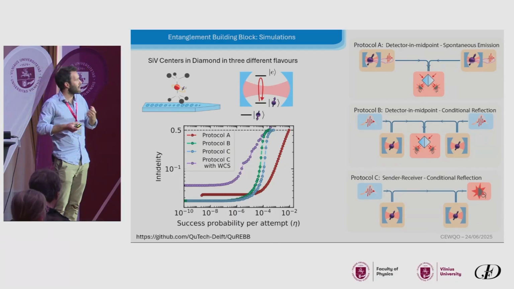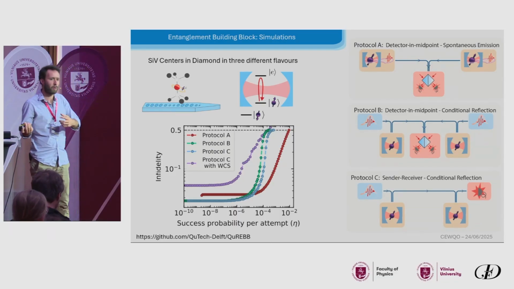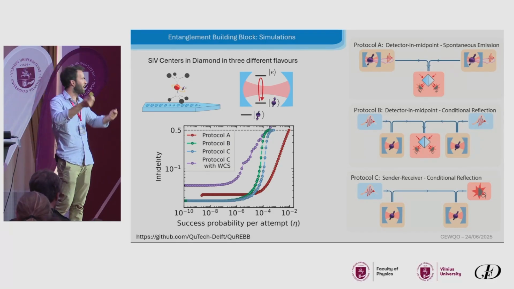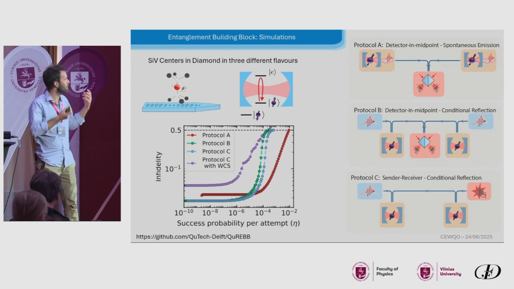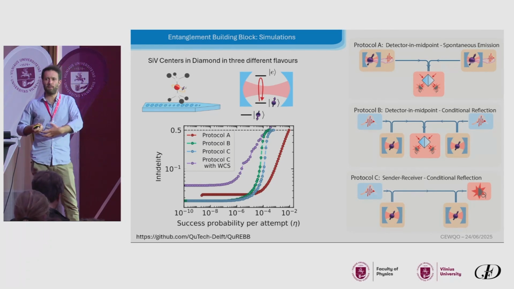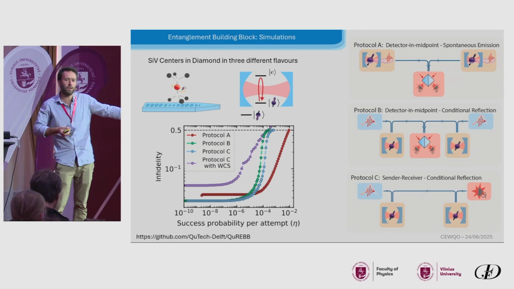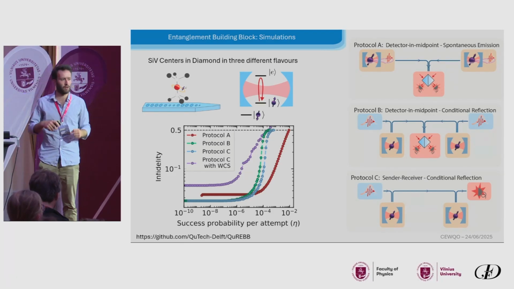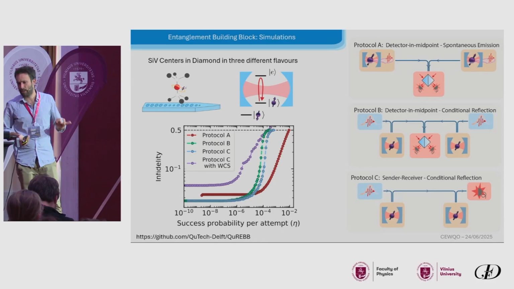This already can give you some information on the performance of one protocol over the other. For example, we figured out that using single photons is much better than weak coherent states, although we already expected it. But also that, in this system, using spontaneous emission is actually more efficient than using single photon scattering over a cavity, and so on.